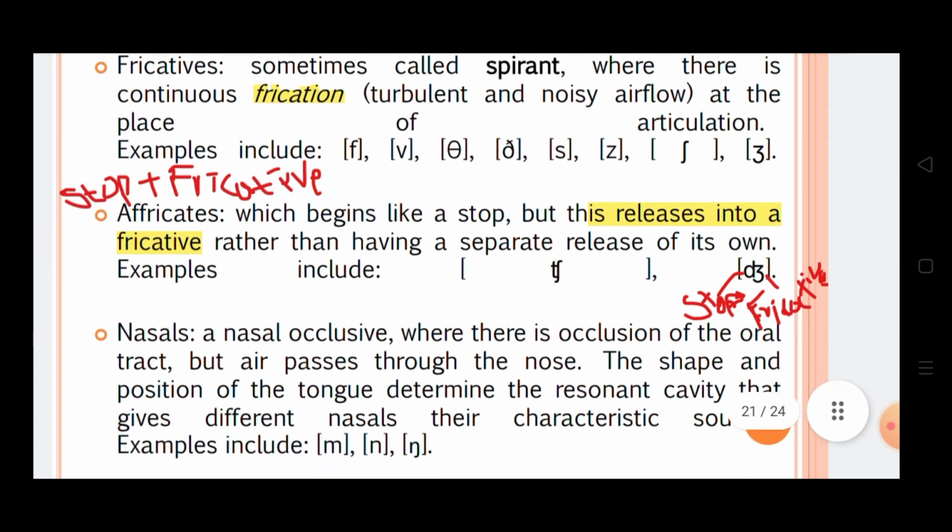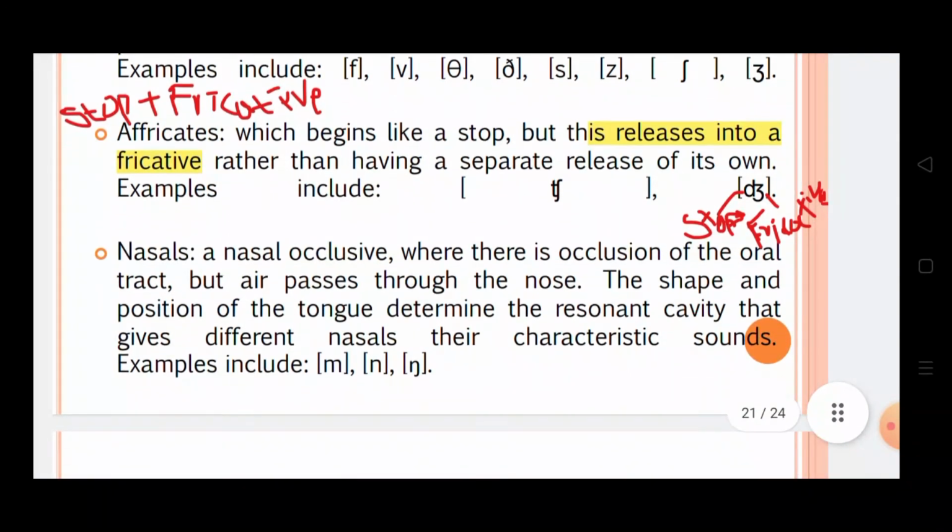So in the production of all these sounds there is friction, as you observe. And an affricate, you can say, is a combination of stop plus fricative. It begins like a stop and then releases into a fricative. There are two affricates in English, the ch and j.